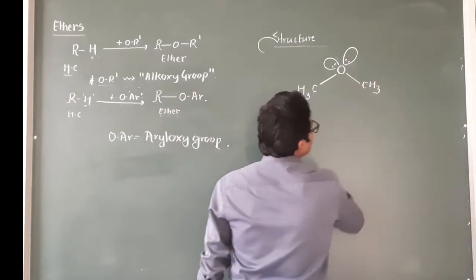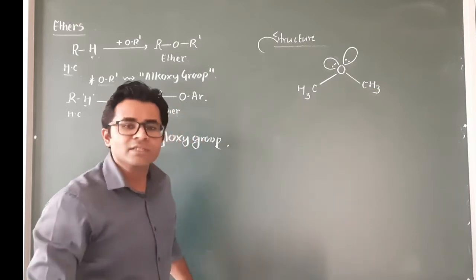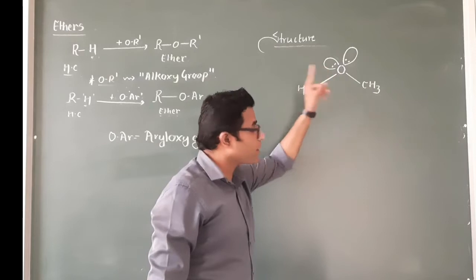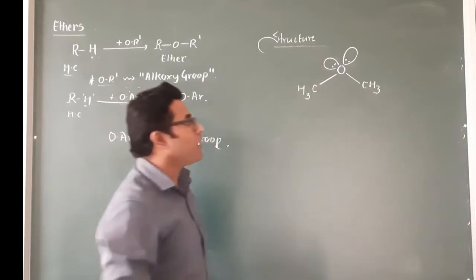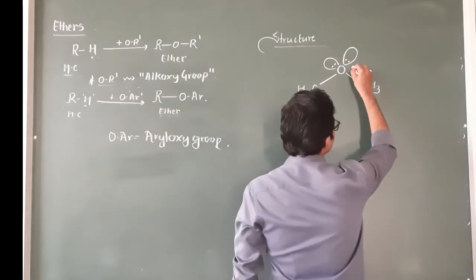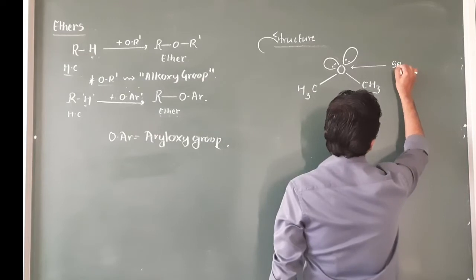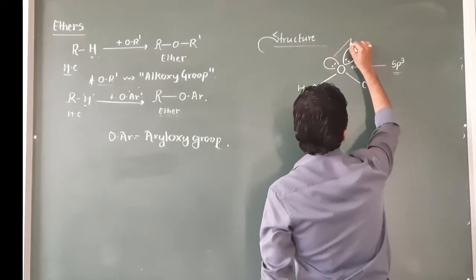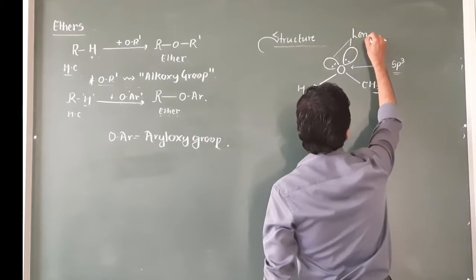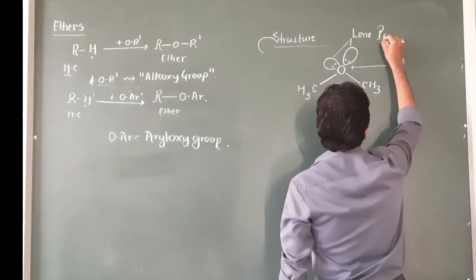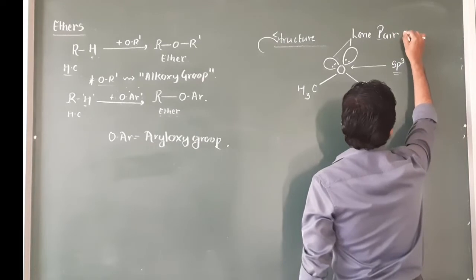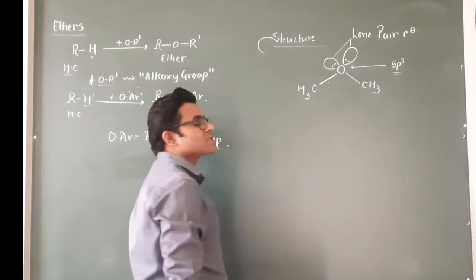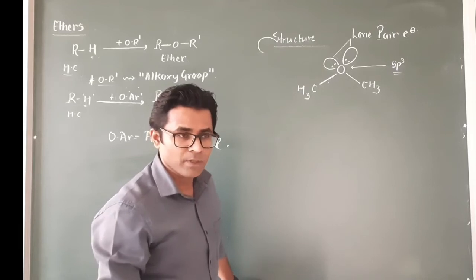For a moment, let us take two alkyl systems connected to an oxygen. Now the oxygen here is sp3 hybridized. This oxygen contains lone pairs of electrons, while these bonds show the shared pairs of electrons.